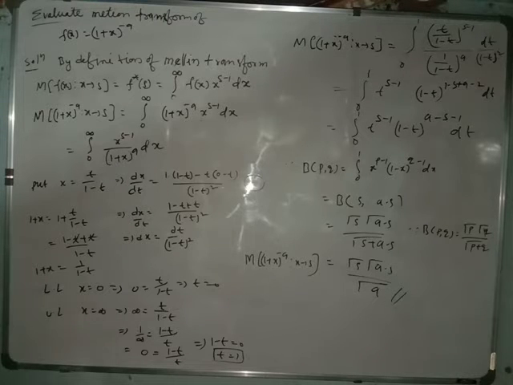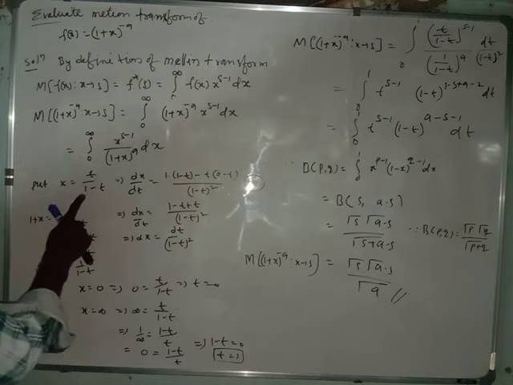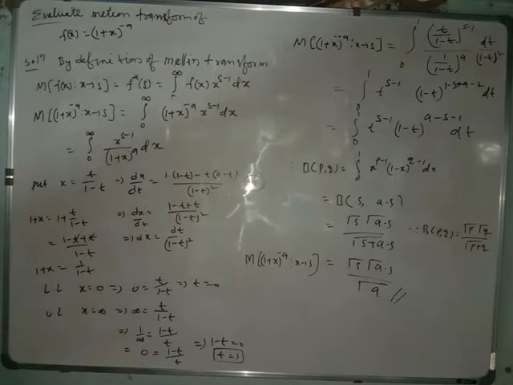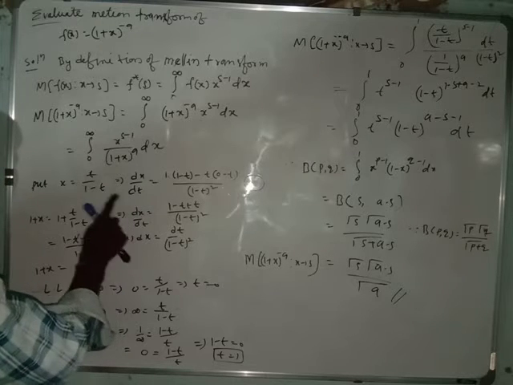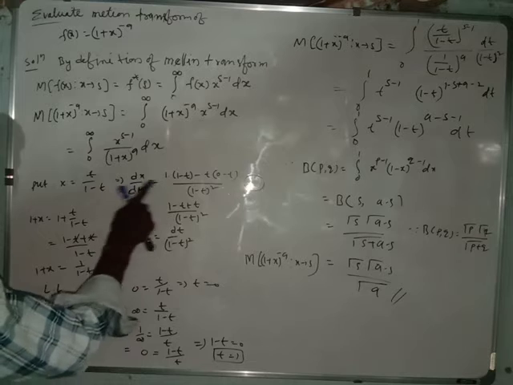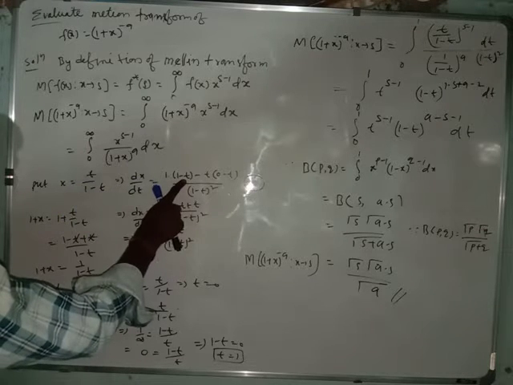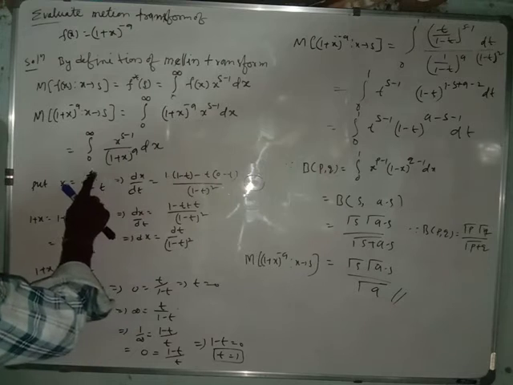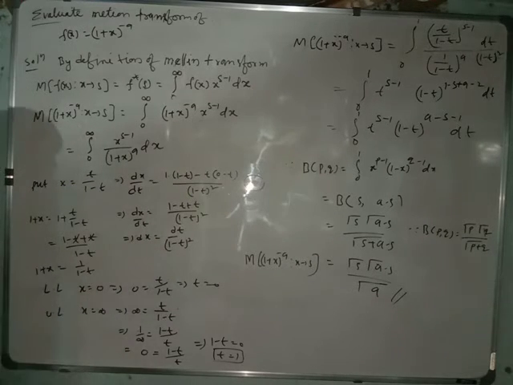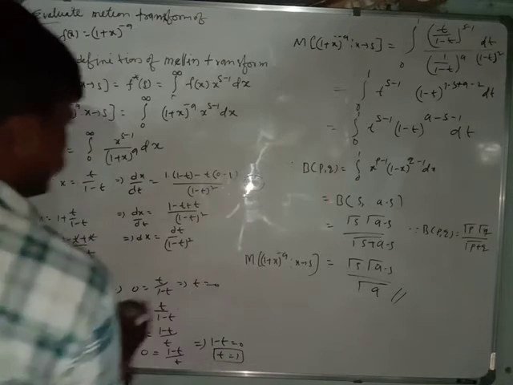Now substitute, put x equal to t by 1 minus t, which implies, taking the derivative with respect to t, dx by dt. Here, using the u by v method, first the derivative of t, keeping 1 minus t as it is, minus t as it is, and the derivative of this, we get minus 1.